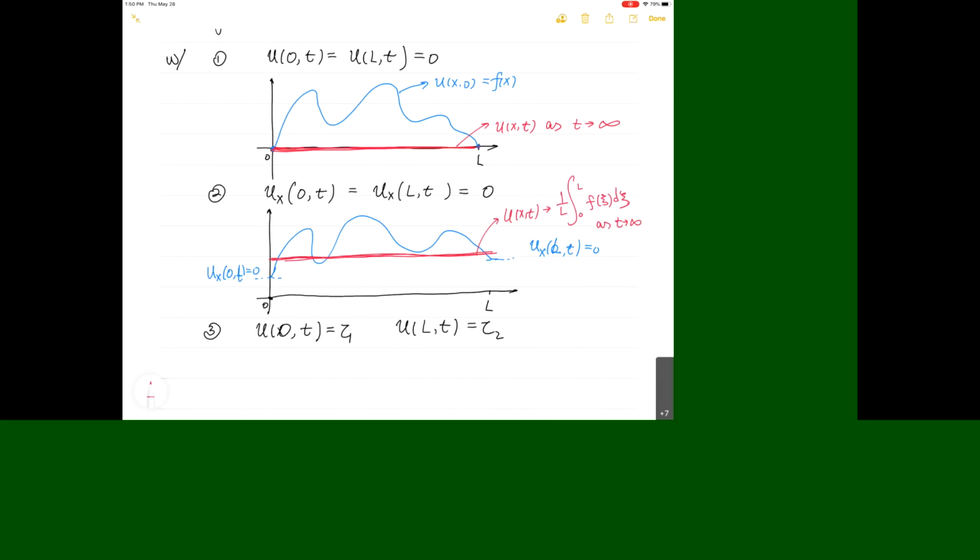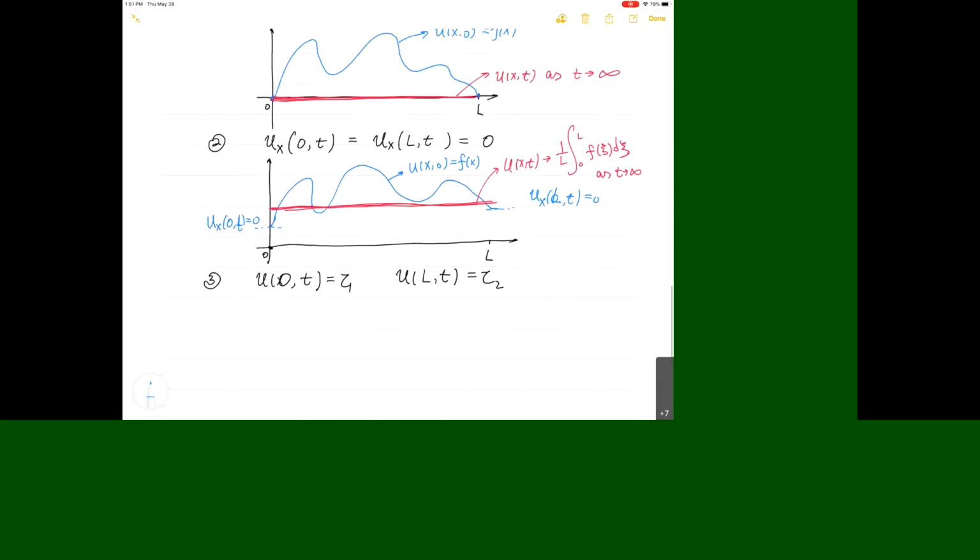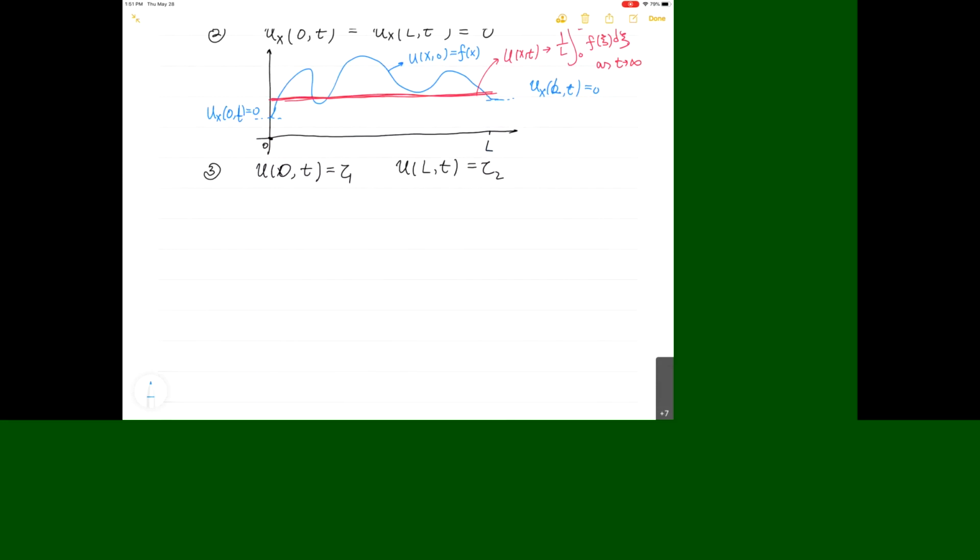The initial condition is f(x), and we just integrate it throughout the domain and divide by L, which is the average of it. So this is the second type of boundary conditions.